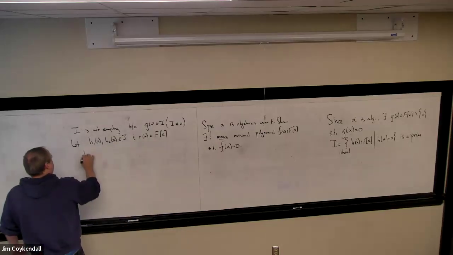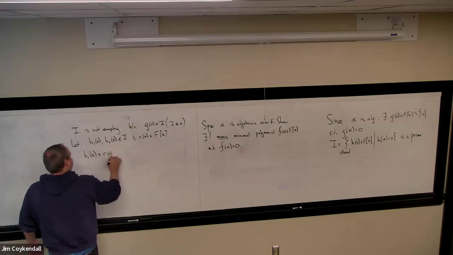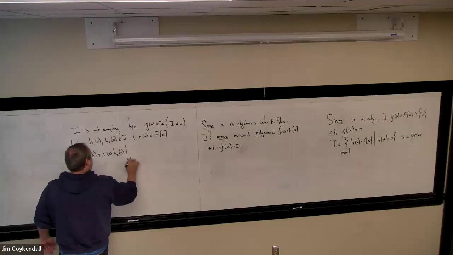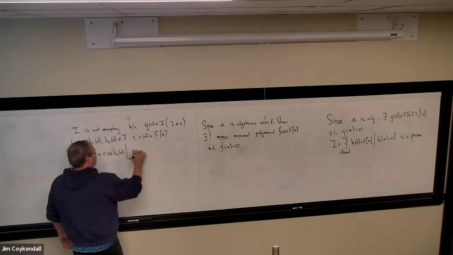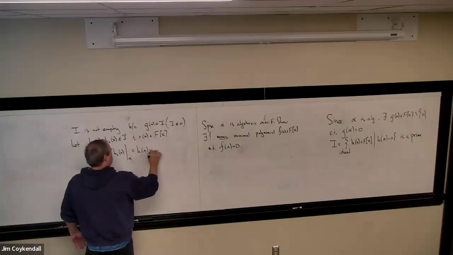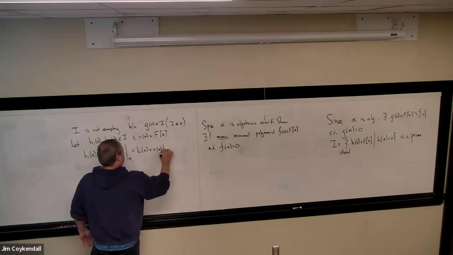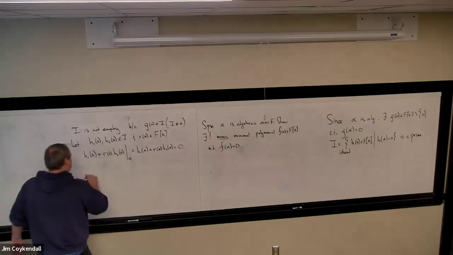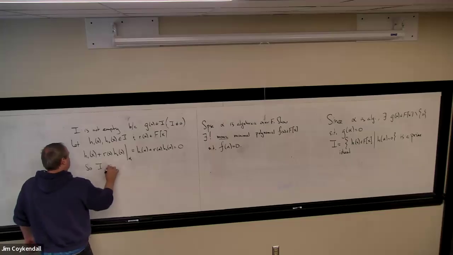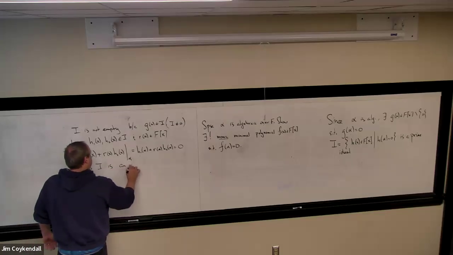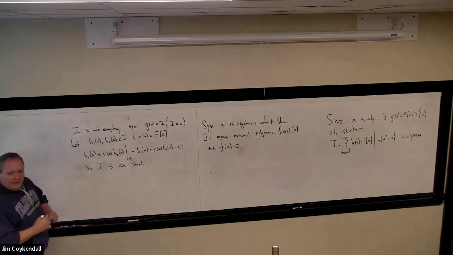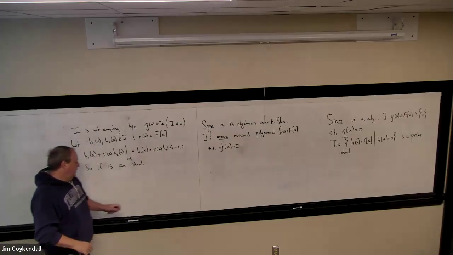If you look at h1(x) plus r(x) h2(x), evaluated at alpha, it's zero. So it's an ideal, right?